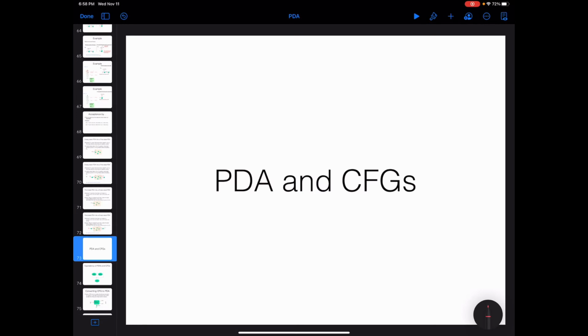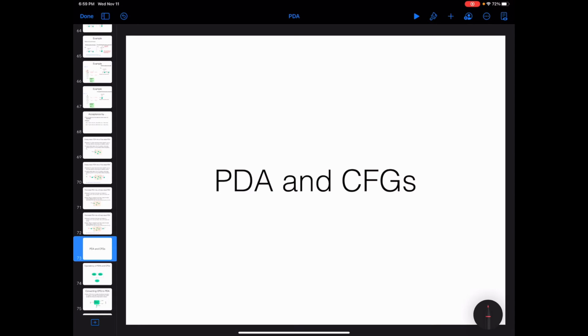Okay, the next topic to discuss is the equivalency of pushdown automata and context-free grammars. Basically, we have already talked about context-free languages and context-free grammars, that any language which is context-free, we should be able to create a context-free grammar for that.